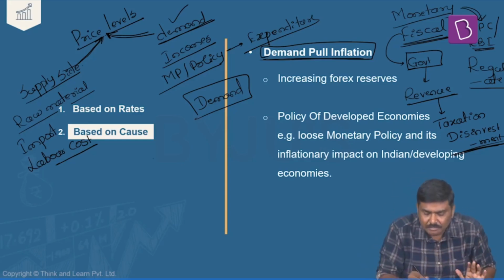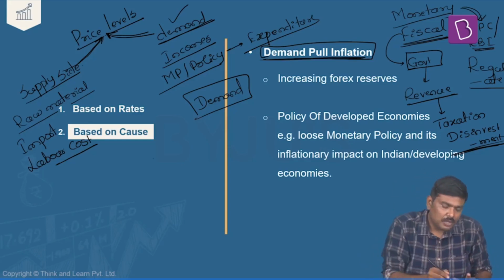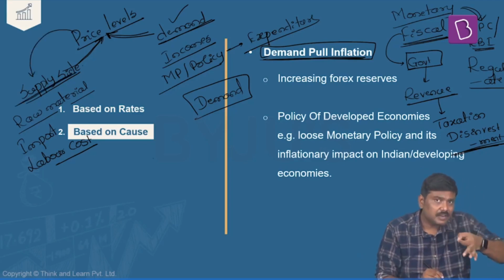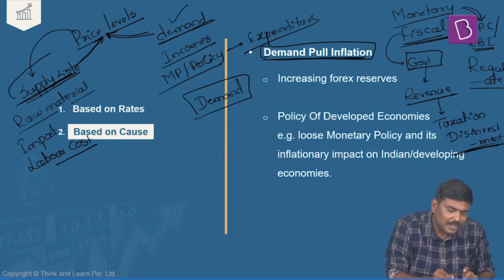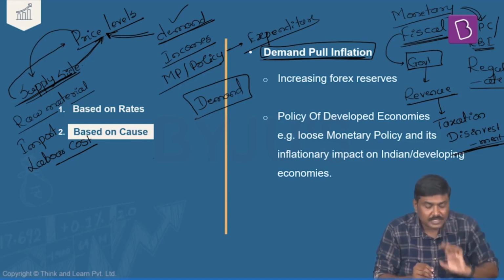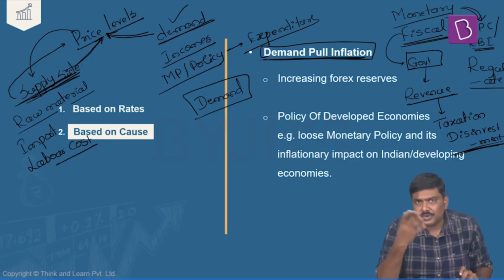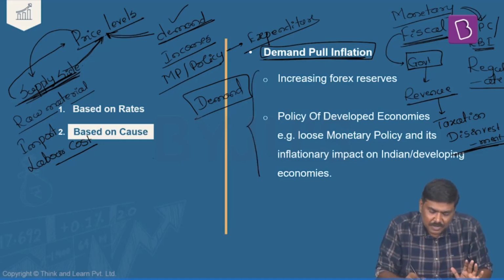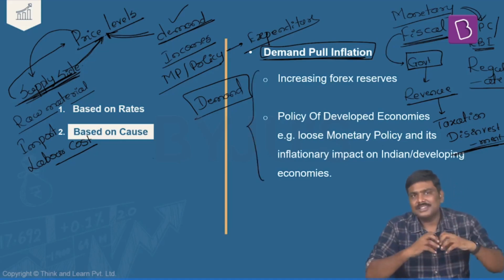Hence, this is called as a demand pull inflation. On the other hand, if the supply side factors are adding to the higher price levels, are leading to increased price levels, then this is called as a cost push inflation. Now in this particular side, let's discuss demand pull inflation, and then we'll take up the supply side inflation.